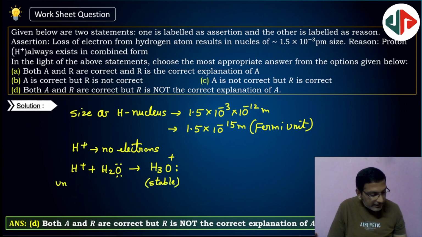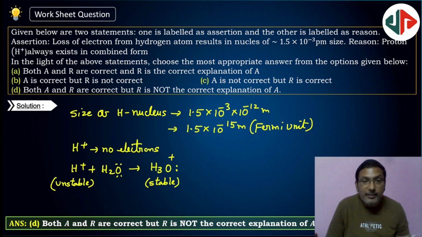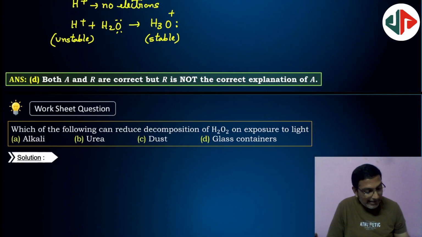And H plus here is unstable. So therefore 2 are correct, but no relation between these two. So therefore both A and R are correct, but not correct explanation. Clearly option D. Next.